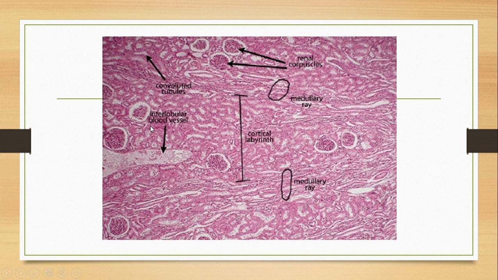Blood vessels can also be seen, and these rounded spaces represent the glomerulus, that is the renal corpuscles. Then the medullary ray: you can see the medulla extending as elongated spaces into the cortex. So this is how it appears under the microscope.